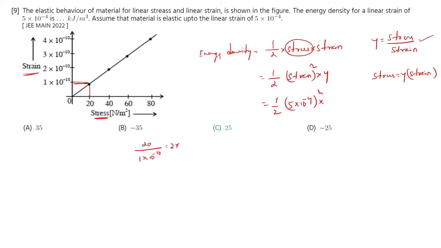So that is 20 into 10 power 10, Young's modulus. If you simplify this, you will get the value as 25 for energy density.